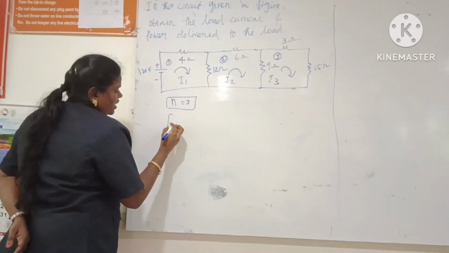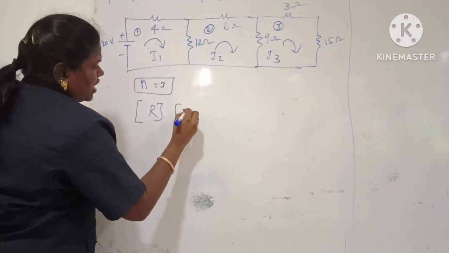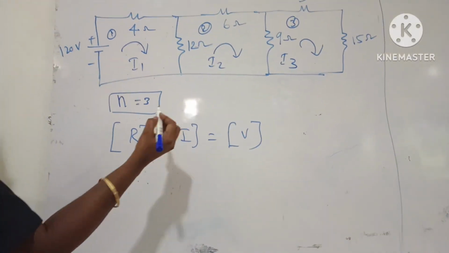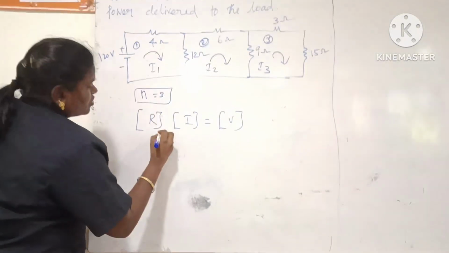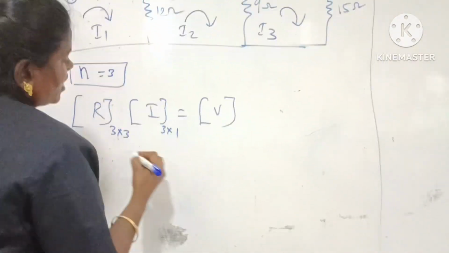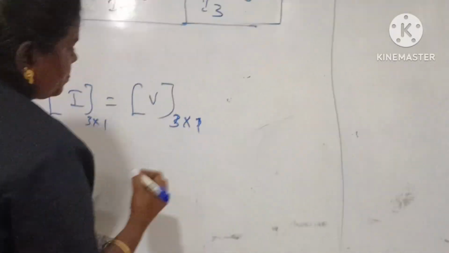So write the equation with the R matrix, I matrix and V matrix. This is the general equation for finding the mesh current. The R matrix is a 3 cross 3 matrix, the I matrix is 3 cross 1 and the voltage matrix is 3 cross 1.